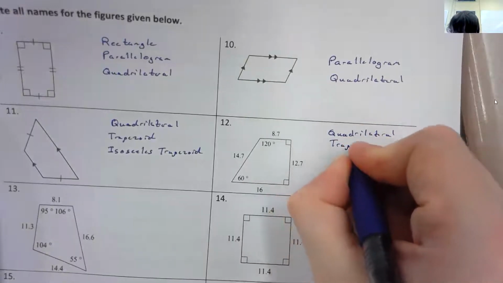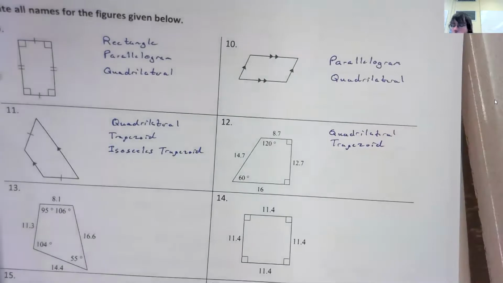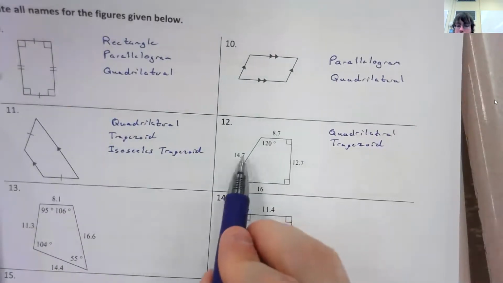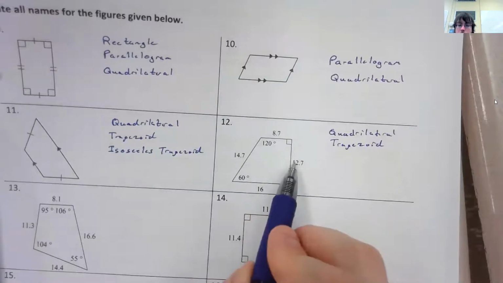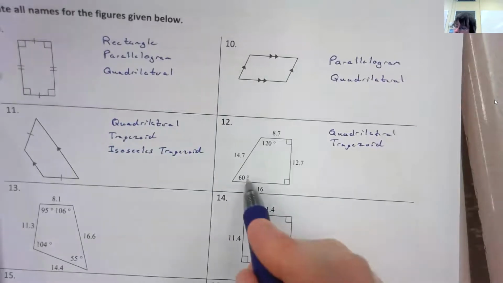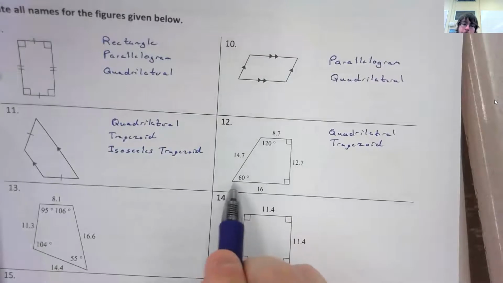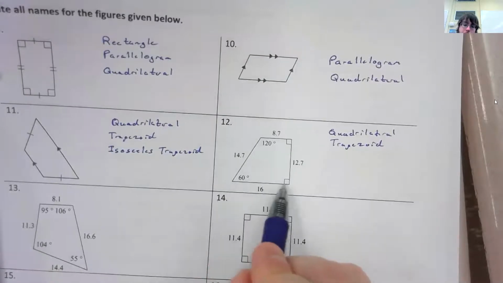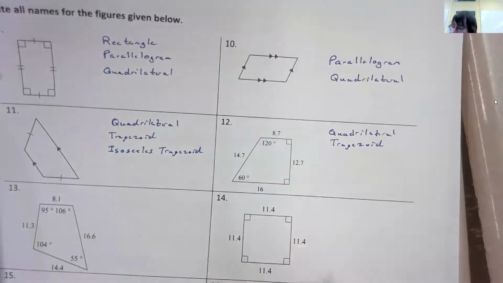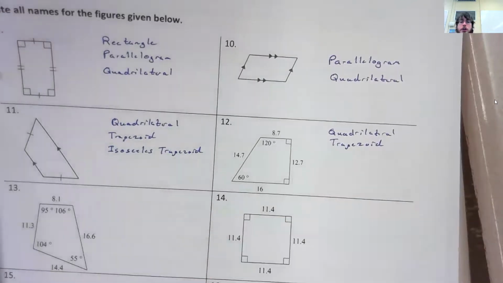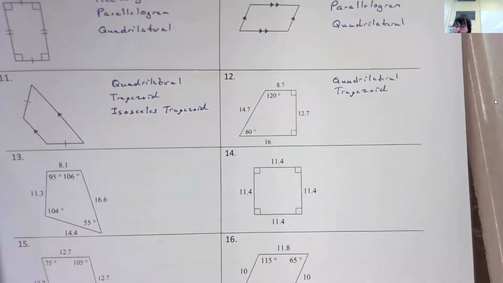But is it an isosceles trapezoid? Well, are the legs congruent? And the answer is no. One's 14.7, one's 12.7. You could also tell by the angles. The lower base angles are not congruent and the upper base angles are not congruent. So this is just a quadrilateral and a trapezoid.